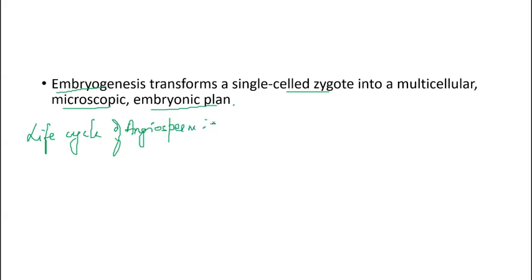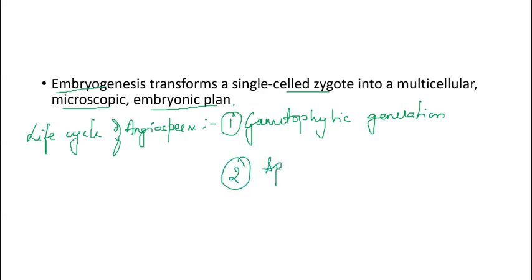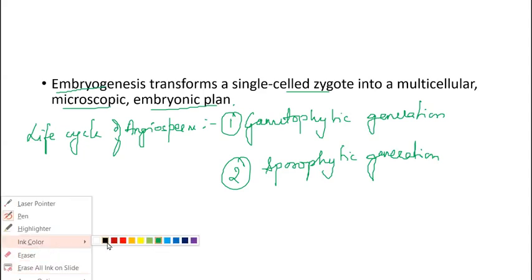It consists of two generations, sporophytic generation and gametophytic generation. Now, we also need to know about the characteristics of these two generations.